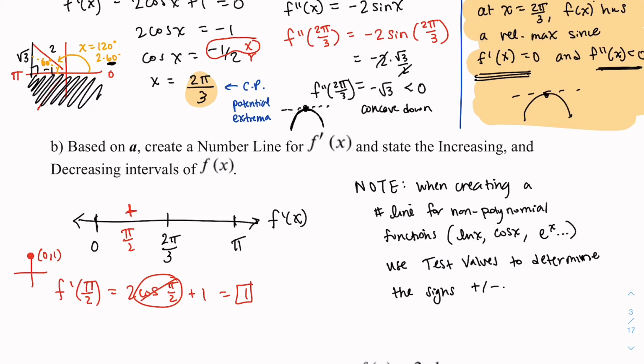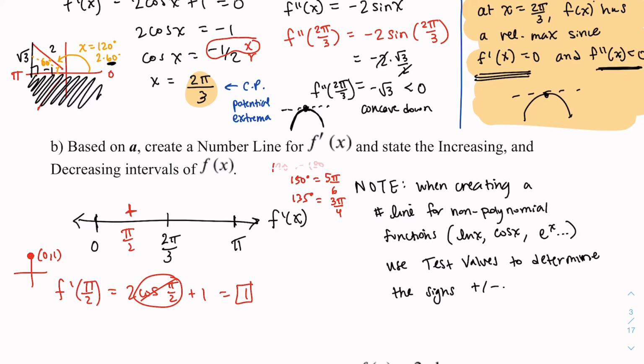Let's pick a test value now in this region and see. So between 120 and 180, maybe we could pick 150 degrees, which is 5 pi over 6. Or we could pick 135 degrees, which is 3 pi over 4. Either way, you're going to get the same sign.